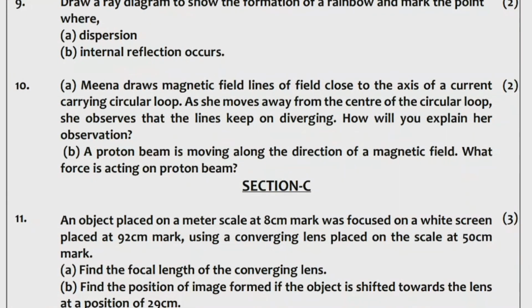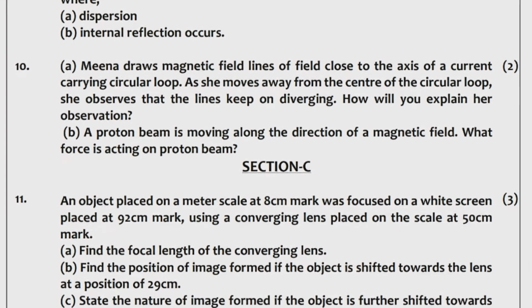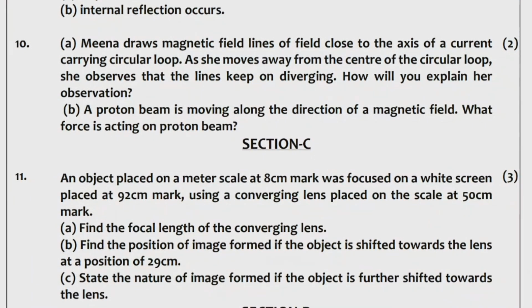A. Find the focal length of the converging lens. B. Find the position of image formed if the object is shifted towards the lens at a position of 29 cm. C. State the nature of image formed if the object is further shifted towards the lens.